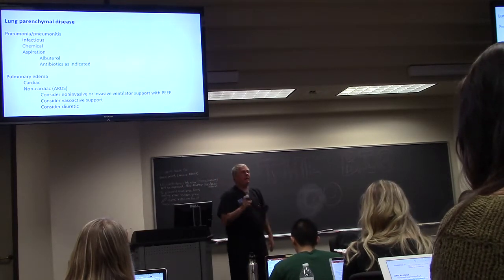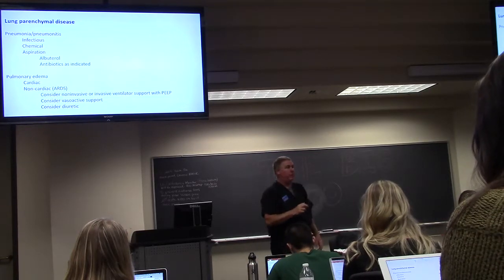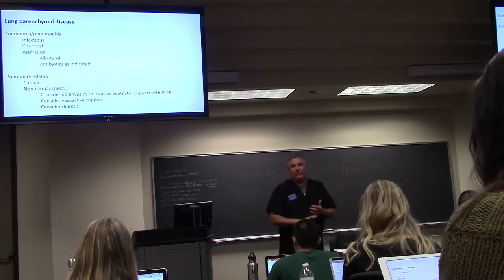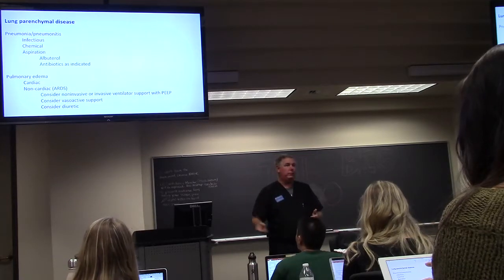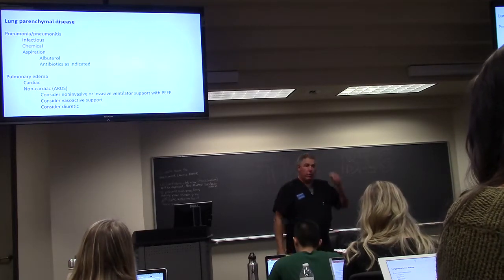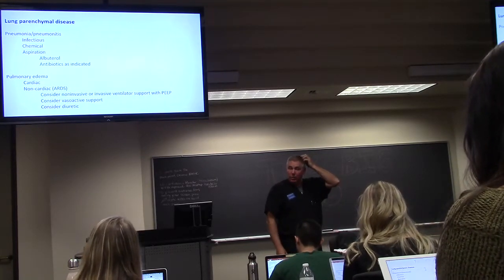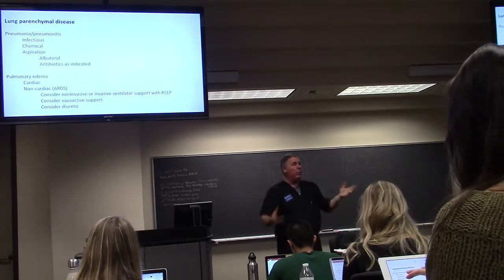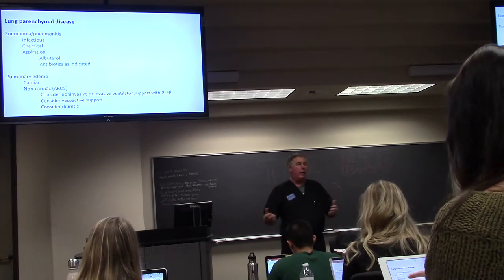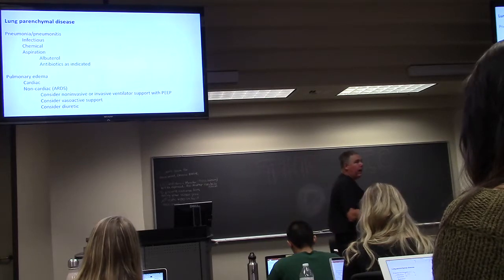Lung parenchyma disease, there are different levels here of lung parenchyma. One of them is infectious, so strep pneumo and so on. The other is chemical. Chemical pneumonitis would be from smoke inhalation or some type of toxin.